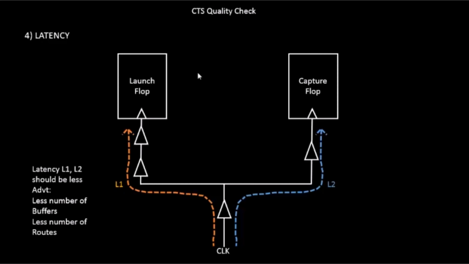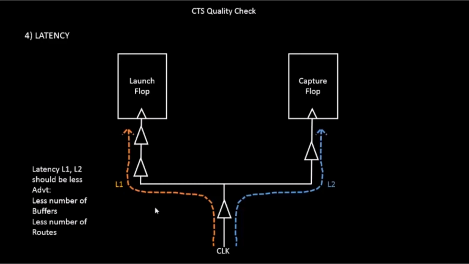So a small saving in this path itself will lead to multiple savings in the other chips, because this will be replicated on a silicon die and printed and fabricated. So a small saving in this area will be a saving in the other dies also. This is one more clear advantage of having low latency.